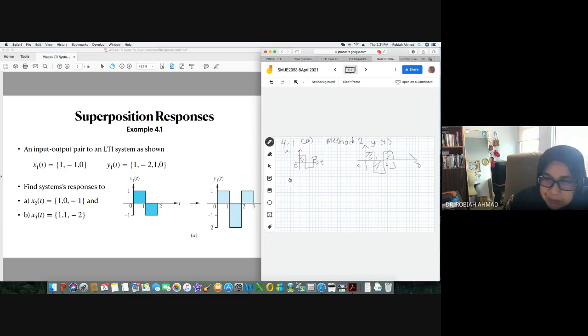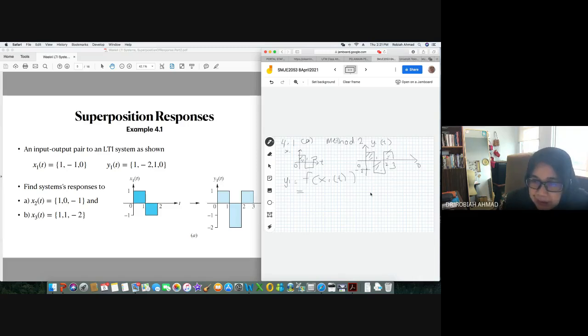What is y1 in terms of x1? If we look at the graph, at the delay to mark 1 the value is 2, and it seems inverted.